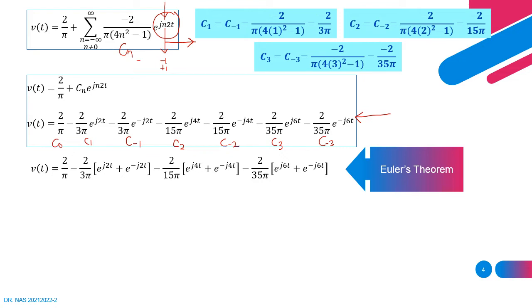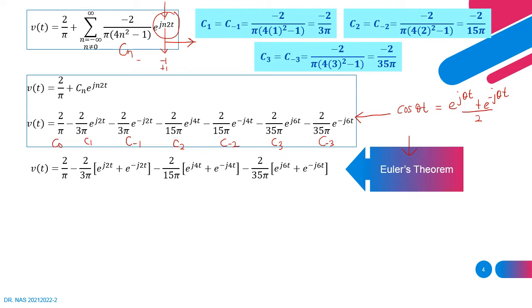To answer the question and come up with the trigonometric equation, you need to convert your exponential form into trigonometric form by using Euler's theorem. Remember Euler's theorem: cos theta t is equal to e to the j theta t plus e to the minus j theta t, divided by 2.